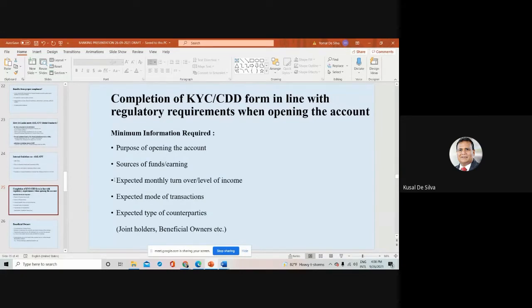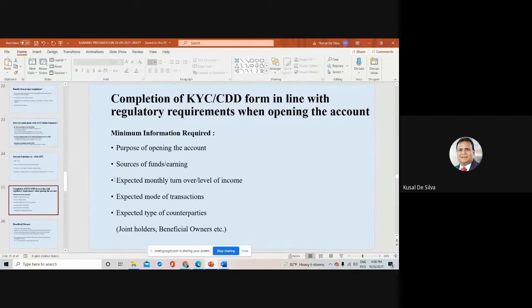The expected mode of transaction: some may be getting involved in self-employment. Then you can say, I will be getting foreign remittance. My husband is overseas, my wife is overseas, my parents are overseas.